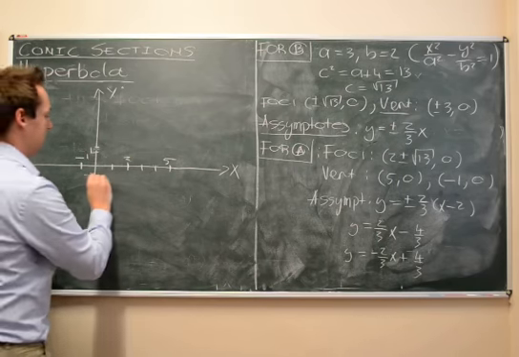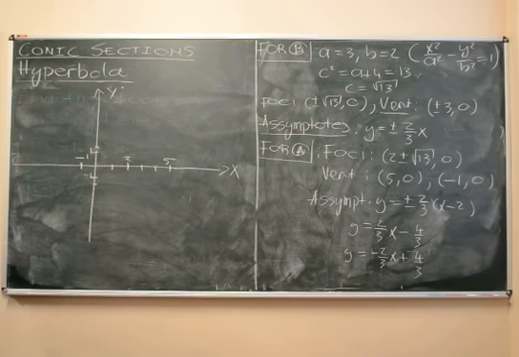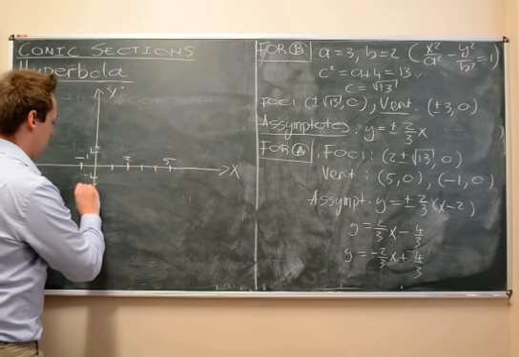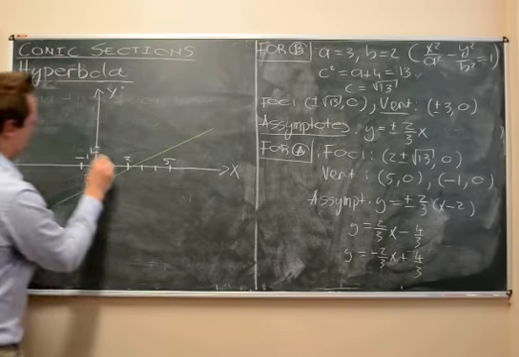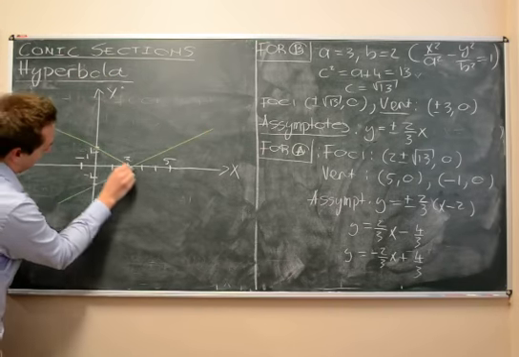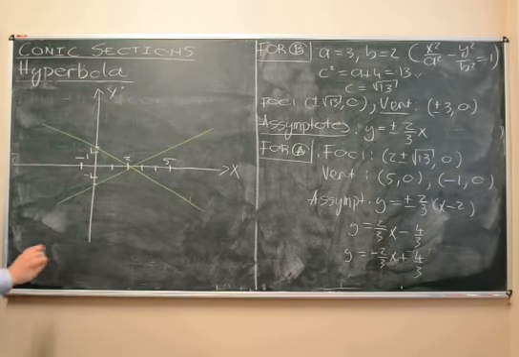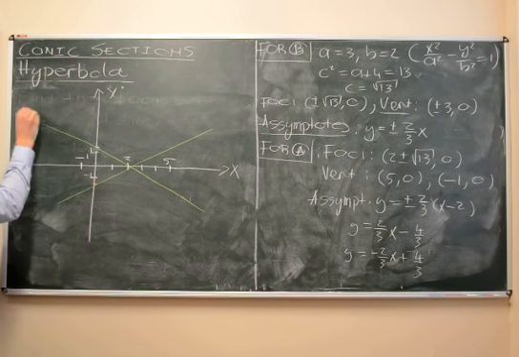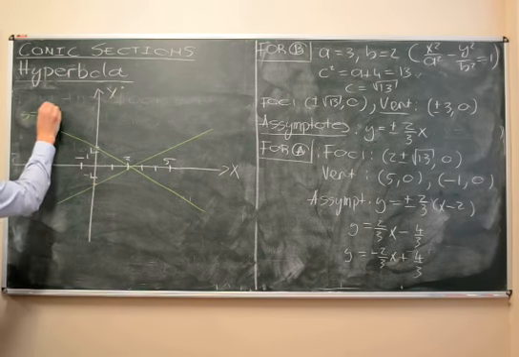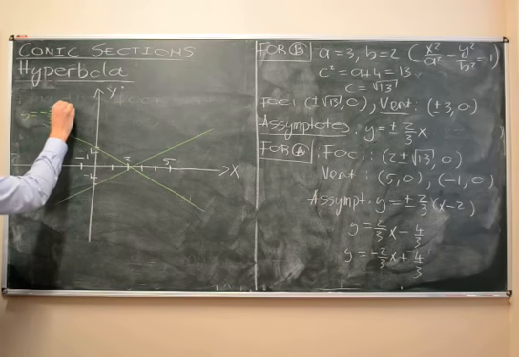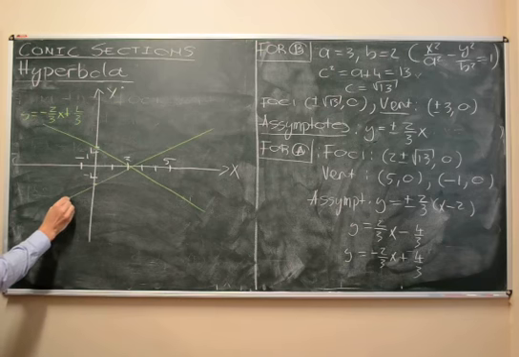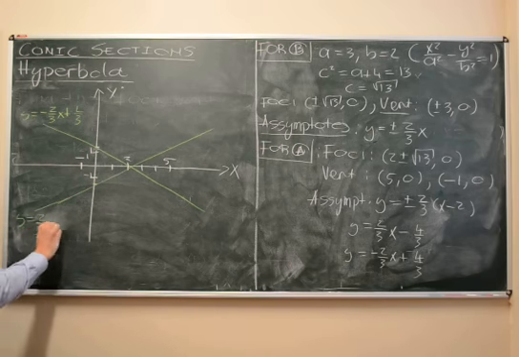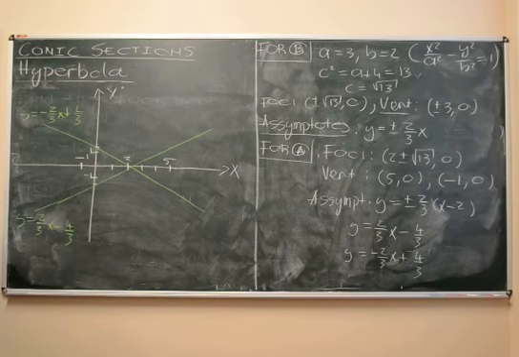Right, so let's sketch them, and let me sketch them in a different color. Like that. So here we have our asymptotes. Minus 2 over 3 x plus 4 over 3, and here we have y is 2 over 3 x minus 4 over 3.